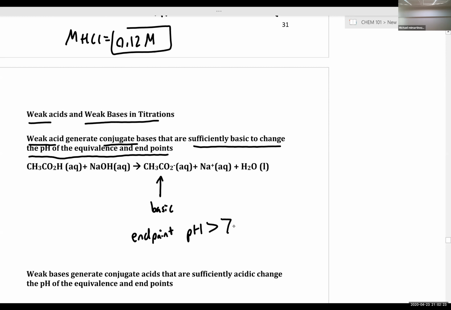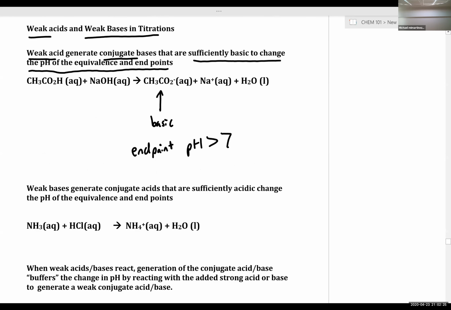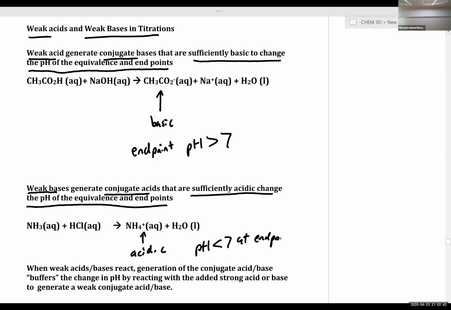Okay, it's a subtle change, but it affects what indicator you have to use. Weak bases generate conjugate acids that are sufficiently acidic to change the pH of the equivalence and endpoint. And since our conjugate acid is acidic, our pH will be less than 7 at the end point.